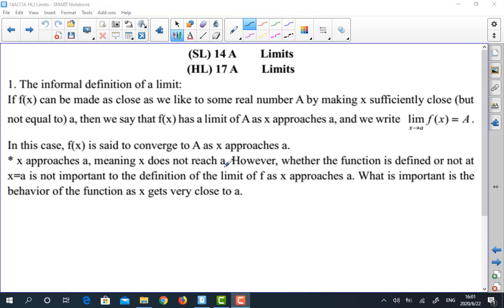The x value doesn't have to be equal to a. It's just approaching a. Then the y value is also approaching a value. This value is called the limit.